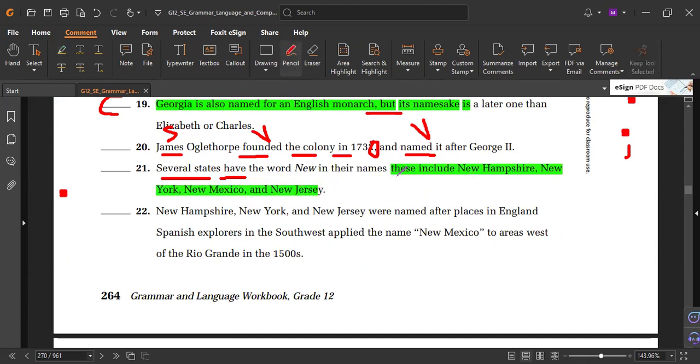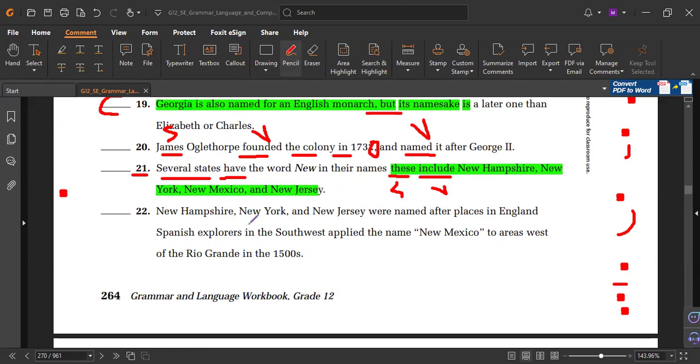These include: this works as subject and include as verb. So between them, we need an acceptable punctuation, for example, a semicolon or full stop or dash or colon. Okay. Mistake in 21.